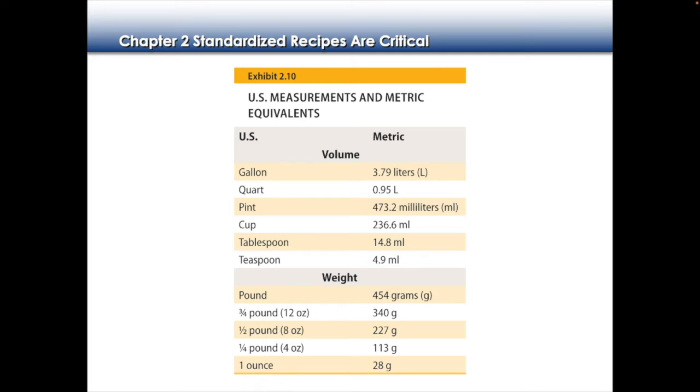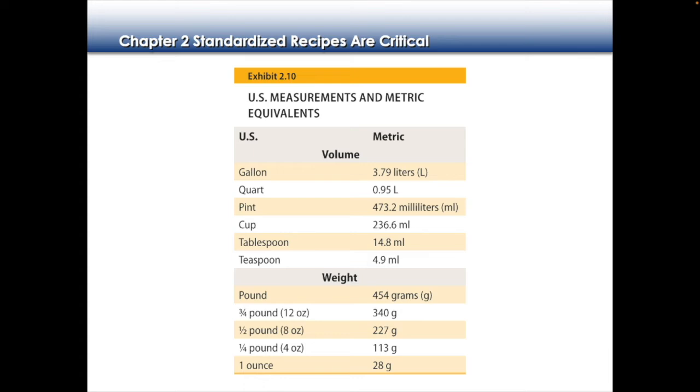One of the reasons why we like metric units is because it is much more accurate and much more scalable. A lot of times you'll find recipes written in metric, or sometimes in both. You may find it written in imperial, you may find it written in metric, and you may find it written in a mixture of the two. A pound is 454 grams.